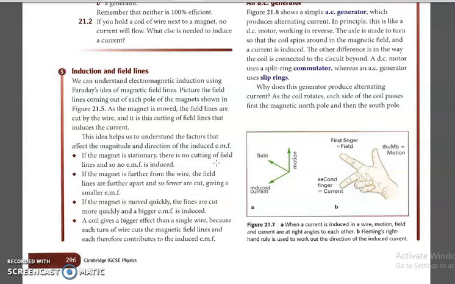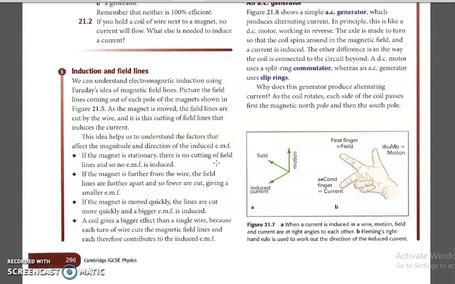So if the magnet is further from the wire, the field lines are further apart, so fewer are cut, giving a smaller EMF. If the magnet and the wire are further apart, the field lines will be further apart, so fewer are cut, giving a smaller EMF.